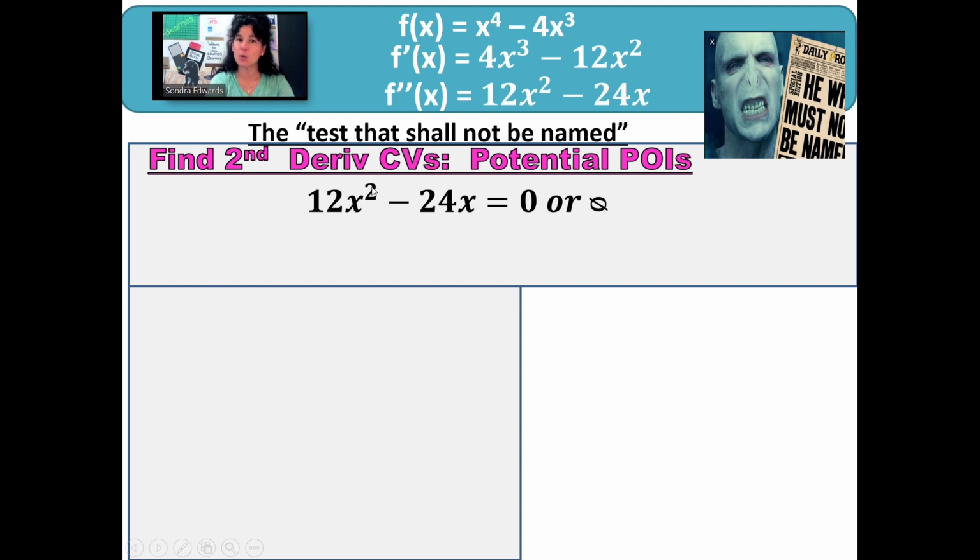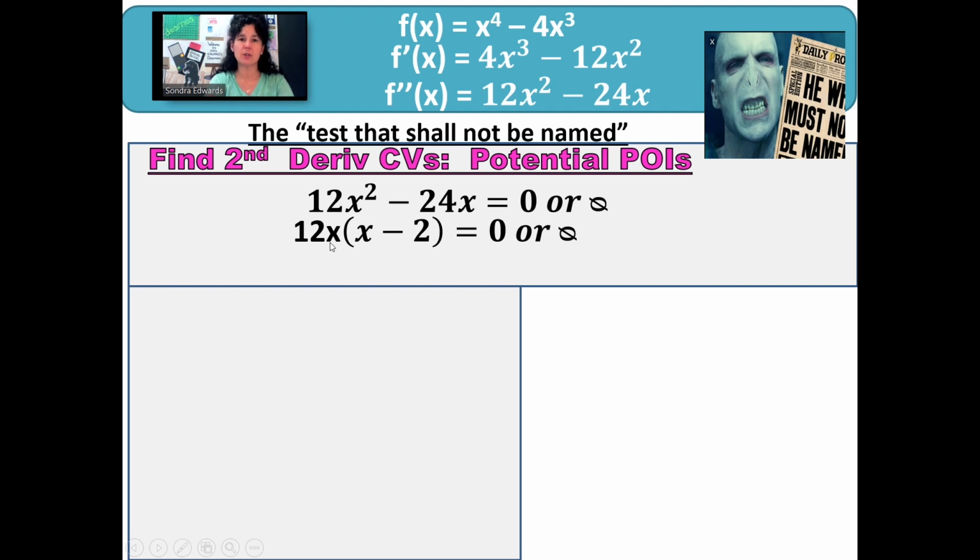In this case, there will not be an x value that makes 12x squared minus 24x undefined, but we're still thinking through that process. We won't be dividing by 0 or something, but we can find the x's that make 12x squared minus 24x equals 0 by factoring and then setting each piece equal to 0.